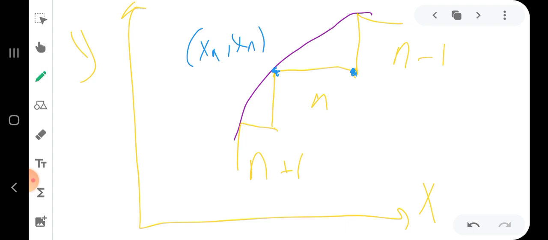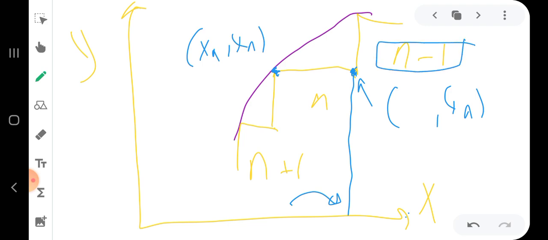And at this point again you will have yn, but for x you will have a different value from the previous stage, which is n minus 1. So you will have xn minus 1. Let me call the place where you hit the equilibrium curve this point.